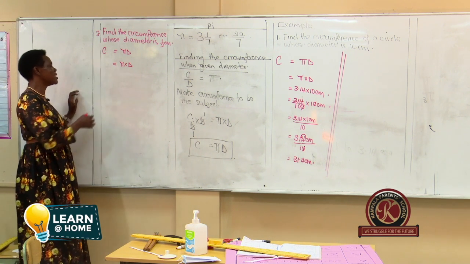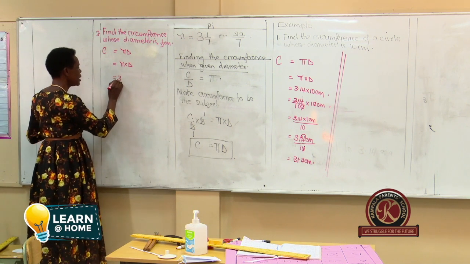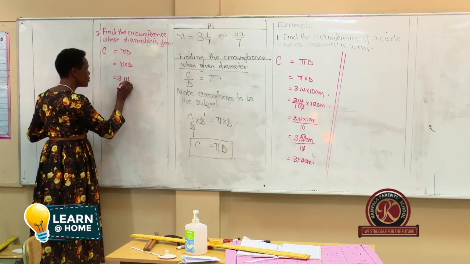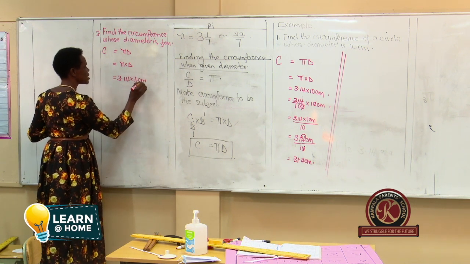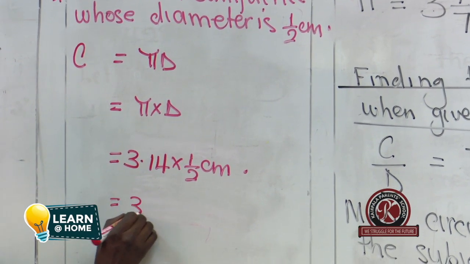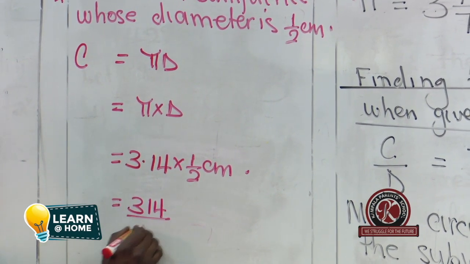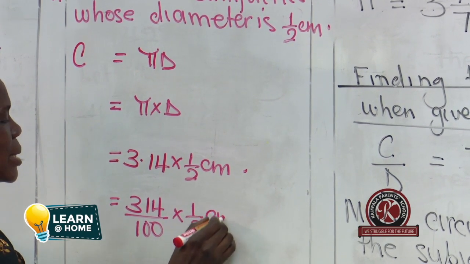Here we say circumference equals pi d, which is going to be equal to 3.14 times 1 out of 2 centimeter. Write this as a fraction. 314 out of 100 times 1 out of 2 centimeters.